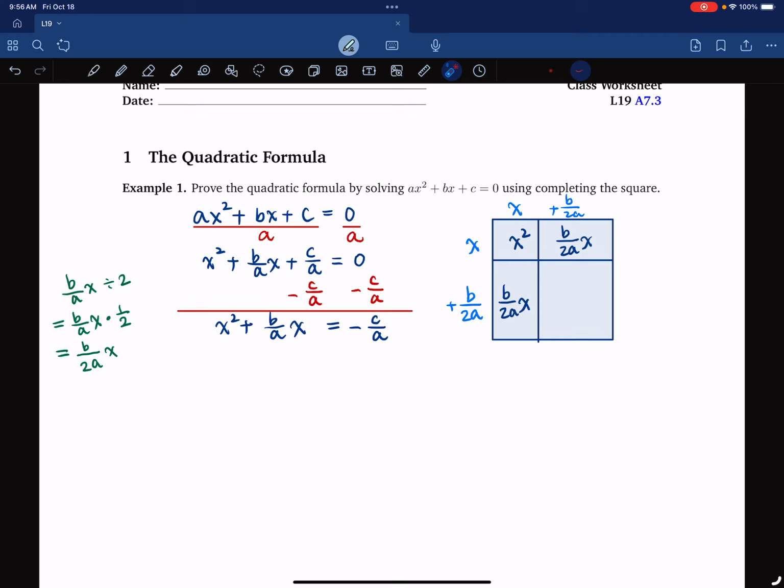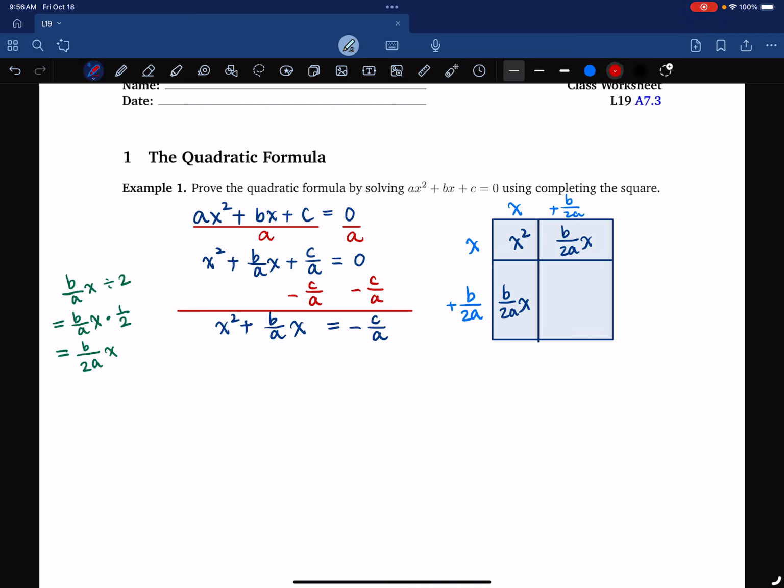Now the most important number to complete the square will be this number right here. This is another square. How do I know that? It's because the 2 sides are these 2 numbers, and they're exactly the same.